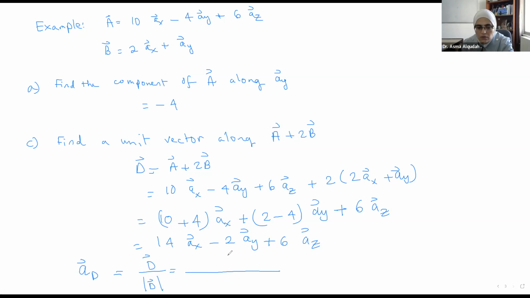We have already found d, which is 14a sub x minus 2a sub y plus 6a sub z, and we divide by the magnitude of d, which is the square root of 14 squared plus 4 plus 36.